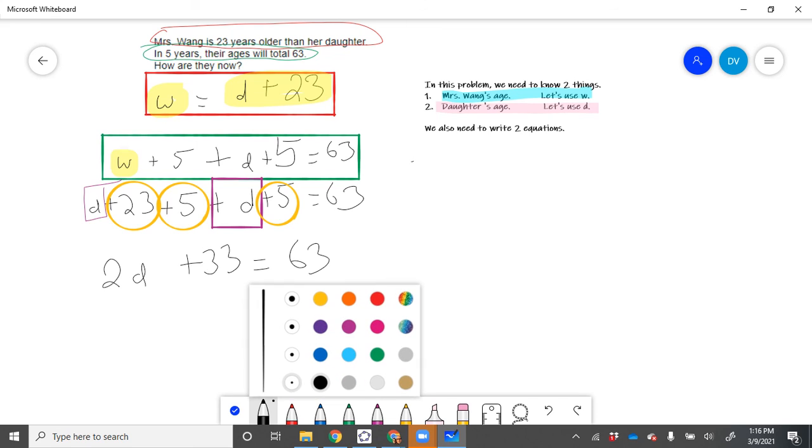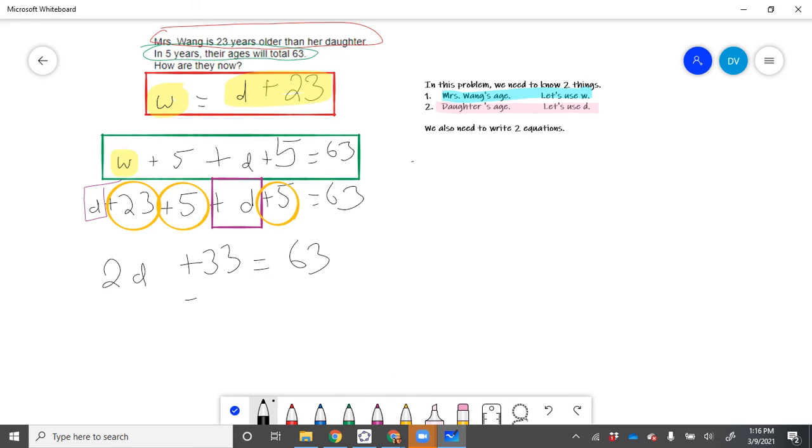So what we need to do is subtract 33 from both sides. And then we'll get 2D is equal to 63 minus 33, which is going to be 30. And so if we divide by 2, we'll get D equals 15.